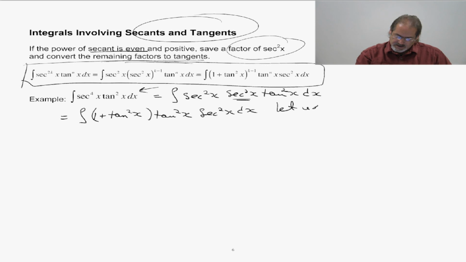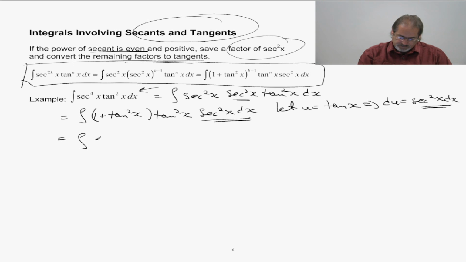Now, if I let u equal tangent of x, then du equals secant squared x dx, which is exactly what I have right here. So now I'm going to end up with this integral of 1 plus u squared times u squared du, which is simply the integral of u squared plus u to the fourth du.